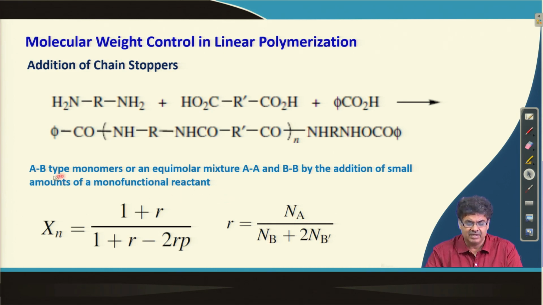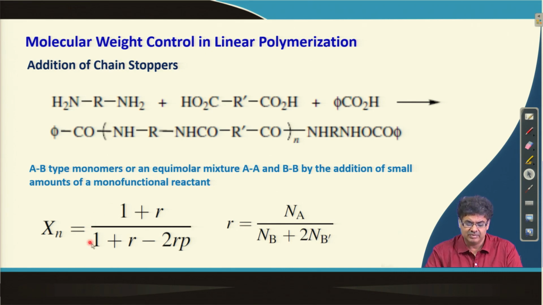This is applicable for the simplest case where we have an AB type monomer, or an equivalent mixture of AA and BB, plus a small amount of monofunctional reactant, the number of which we denote as Nb'.